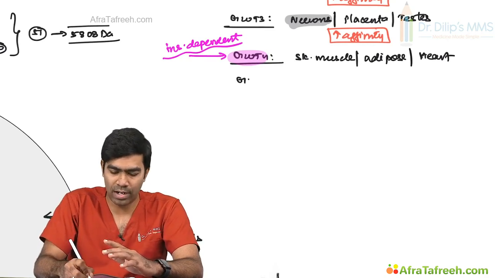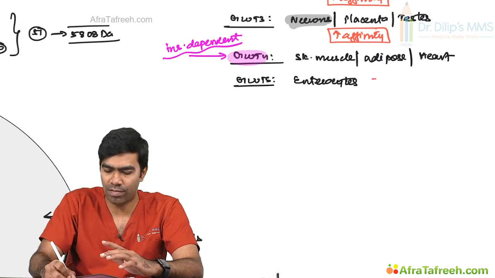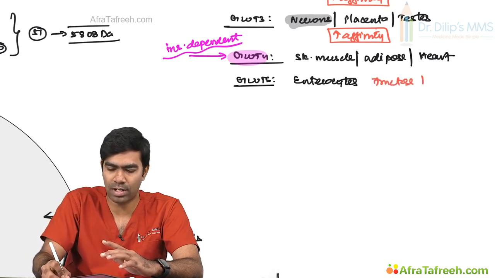Then we have GLUT5 transporters, which are typically seen in the small intestine enterocytes, where they are involved in fructose transport rather than glucose transport, and that's the take-home point here.